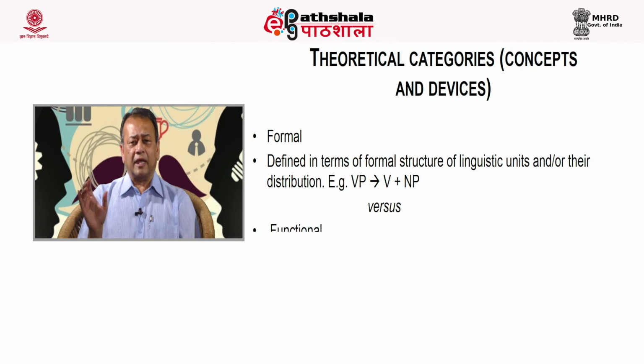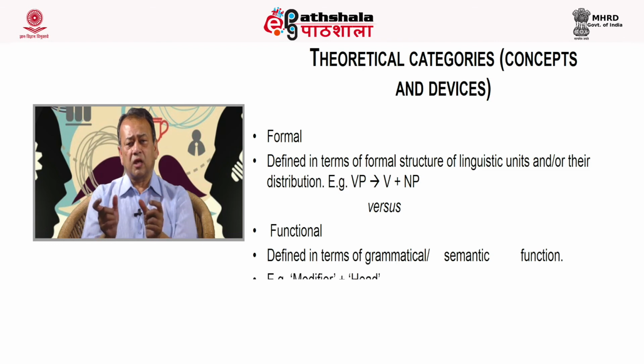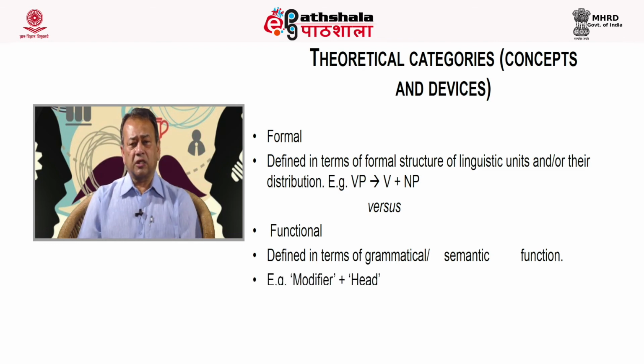verb VP, then the NP will be optional, and you can go on to consider data which also include other phrases like adjective phrase, adverb phrase, and then you make a statement with regard to the structure of a certain unit, of a certain entity.